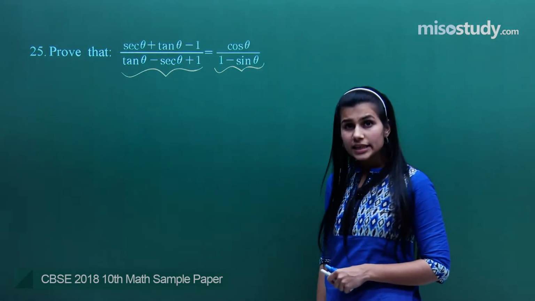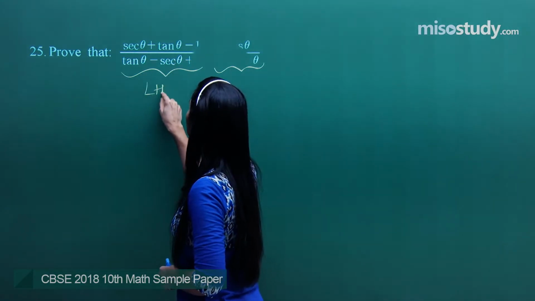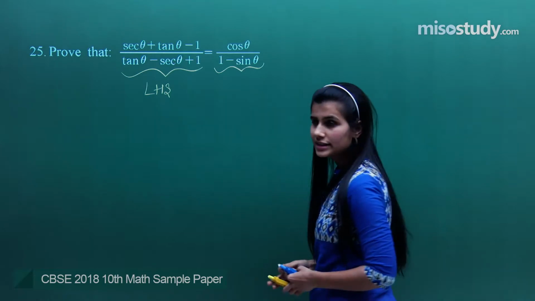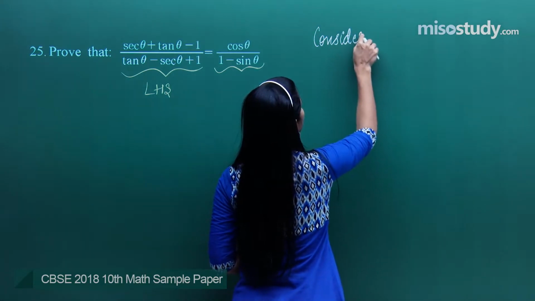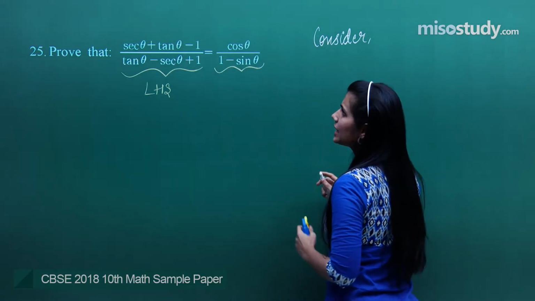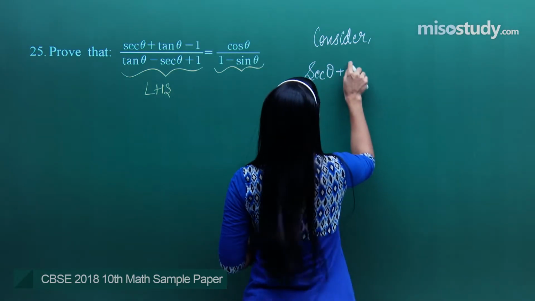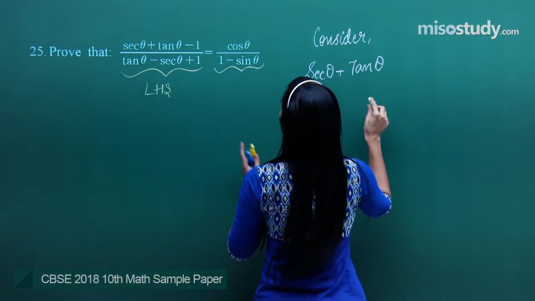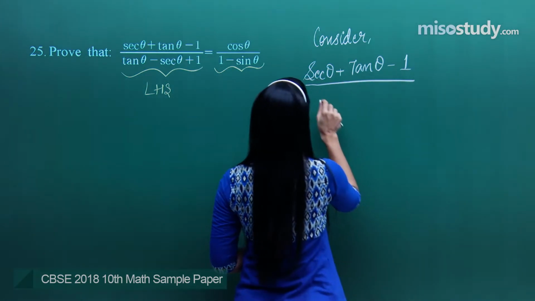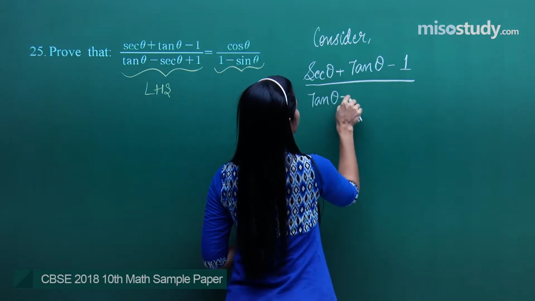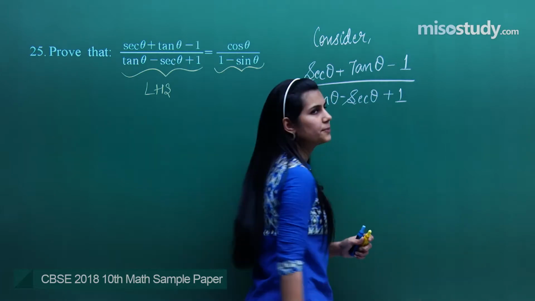Well, if I start considering my solution from the left hand side, that is, if I consider the left hand side, which is (sec theta plus tan theta minus 1) whole upon (tan theta minus sec theta plus 1).